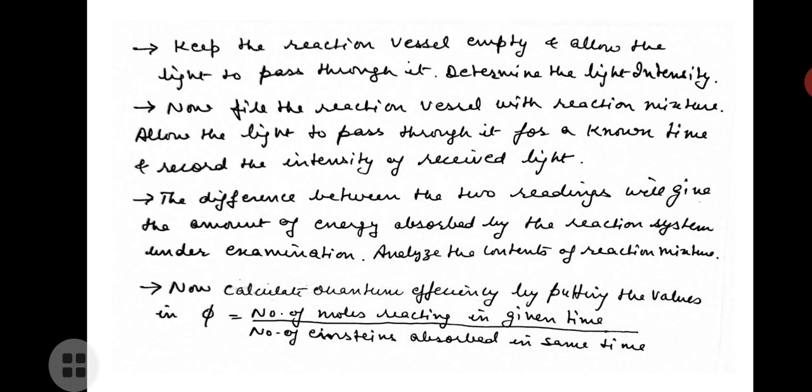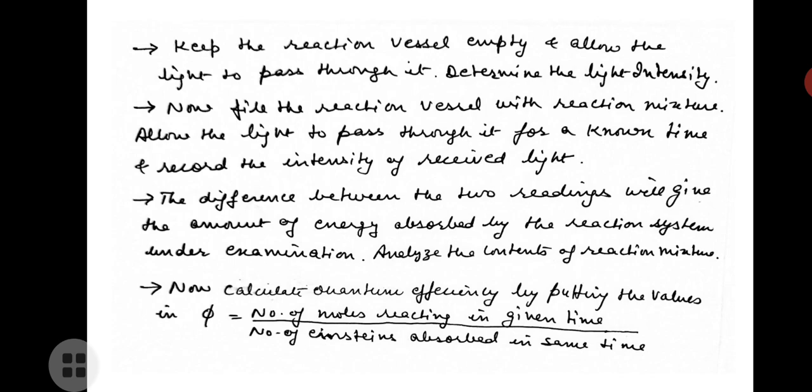Analyze the contents of the reaction mixture. Now apply the following equation and put values to get quantum efficiency. Phi is equal to number of moles reacting in a given time upon number of Einsteins absorbed in the same time.